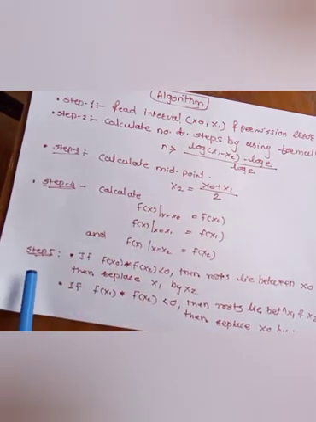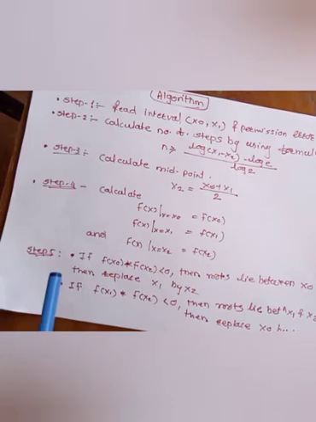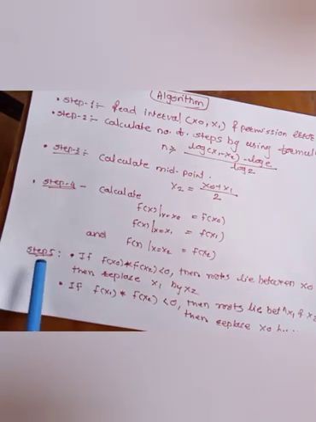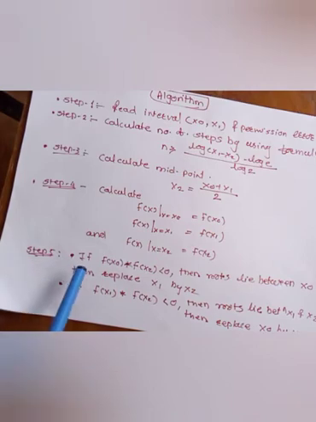Okay. In step 5, I am going to apply the conditions. So what is the condition? You have to find out where your root lies exactly. Let us see step 5. If f of x0 into f of x2 is less than 0, then the root lies between x0 and x2, then you must replace x1 by x2.